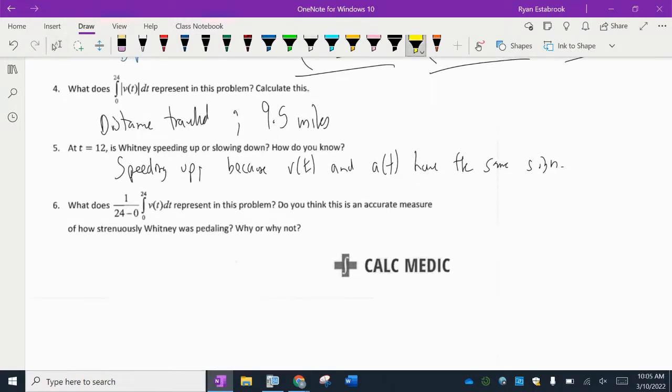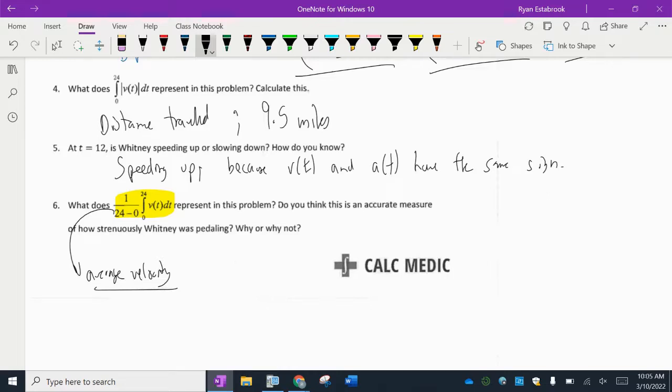Number 6, what does this represent in this problem? So the inside, we already did this integral. That was a displacement. The displacement divided by 24 would represent her average velocity.